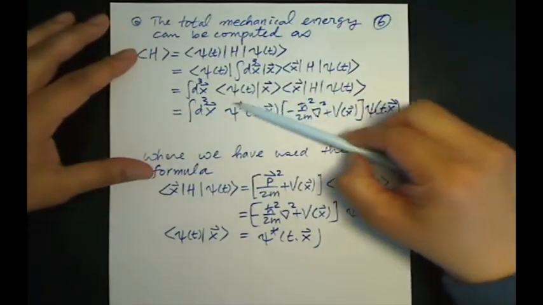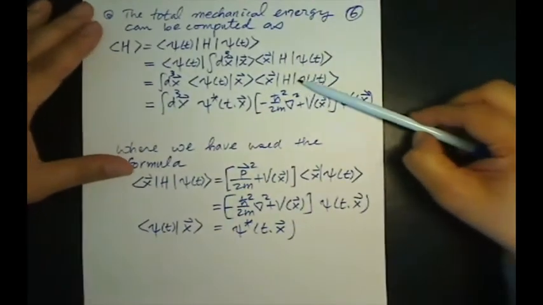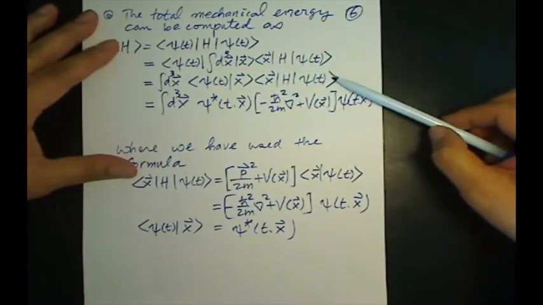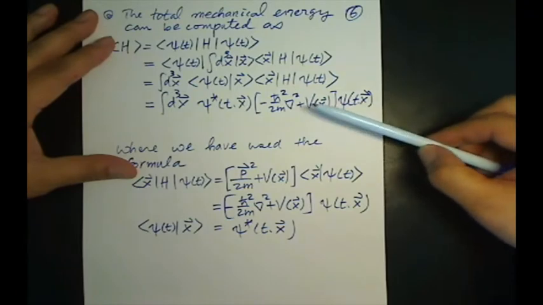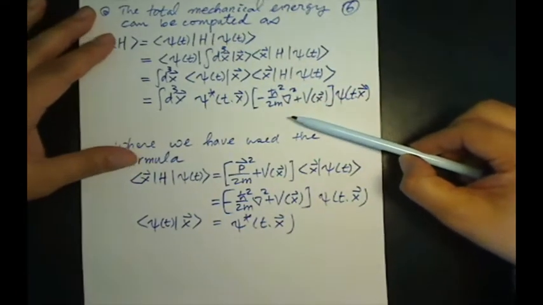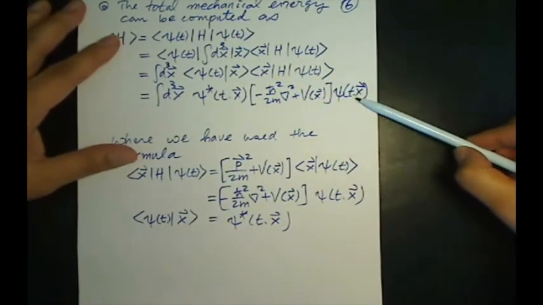And now this is a complex conjugate of the wave function at time t, and if we apply the Hamiltonian, then this value is just the kinetic energy and potential energy expressed in the configuration space, and this one is replaced with the wave function.